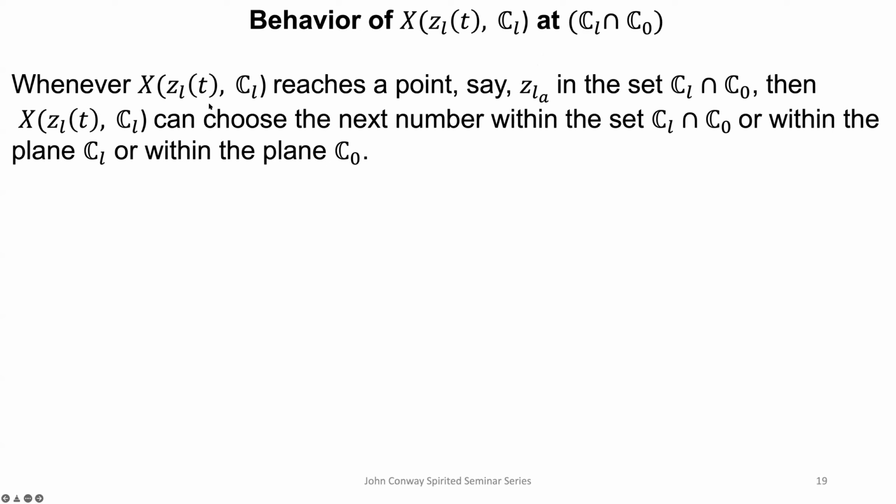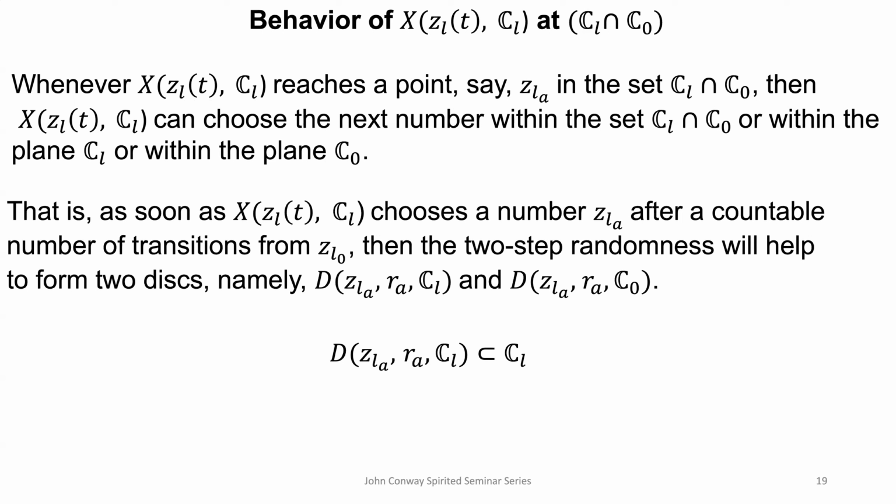Whenever X of ZLT, CL reaches a point ZLA in the set CL intersection C0, there are two options, as we saw in that figure.